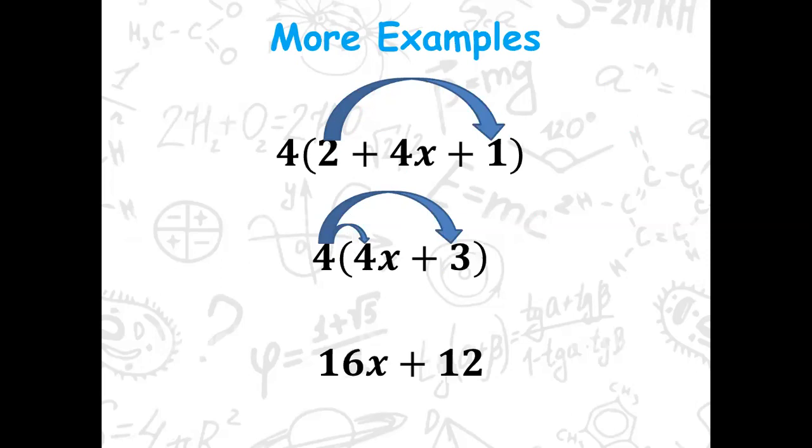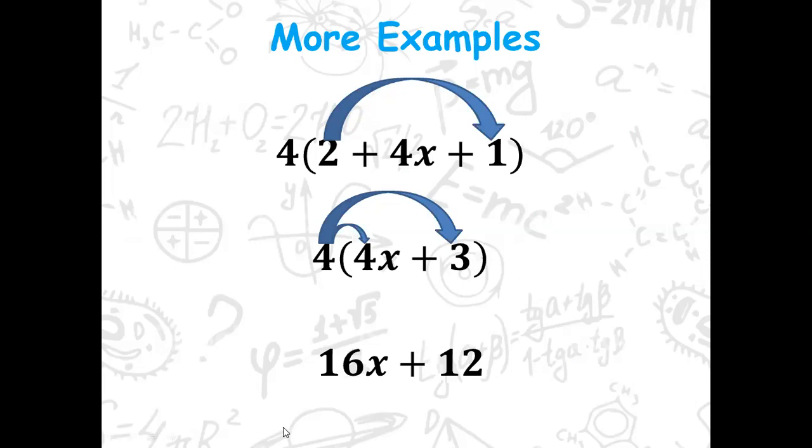You cannot add or subtract a variable with a number, but you can multiply or divide a number with a variable, just like how we did now. So 4 multiplied by 4x will give you 16x, and 4 multiplied by 3 will give you 12. So your simplified expression is going to be 16x plus 12.